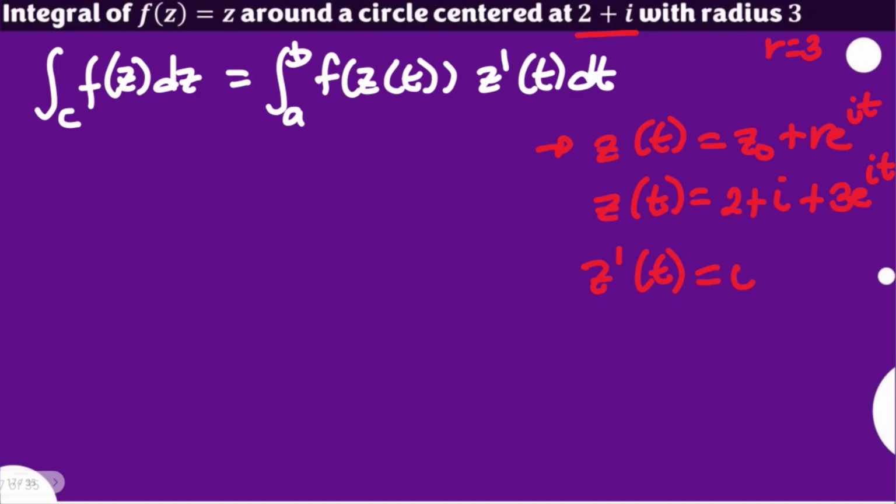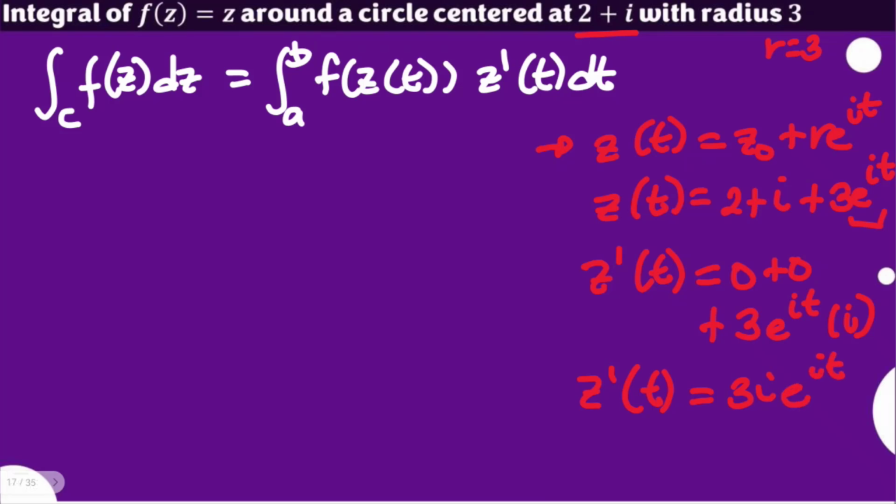So 2 becomes 0, i becomes 0, and you have plus 3, then e to the u is e to the u, and the derivative of its exponent with respect to t is i. So the first derivative of this is 3i e to the power of i t. This is the derivative we're going to use here as well.